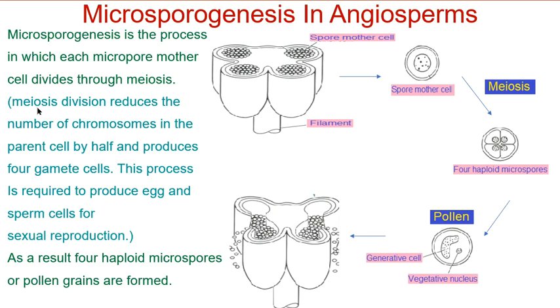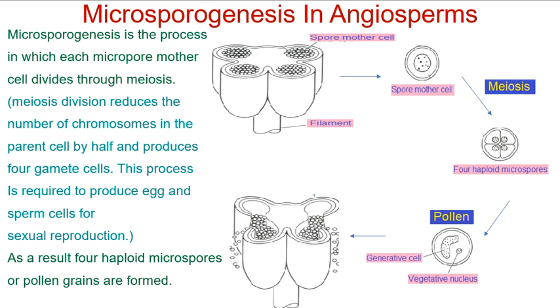If you don't know what meiosis is, recall that meiosis division reduces the number of chromosomes in the parent cell by half and produces 4 gamete cells. This process is required to produce egg and sperm cells for sexual reproduction.